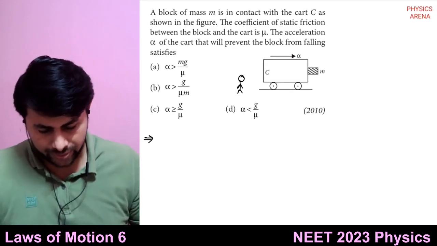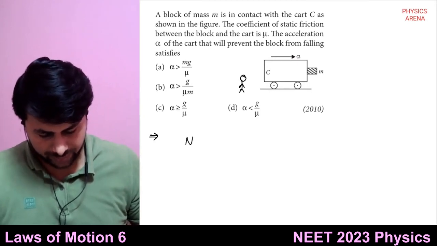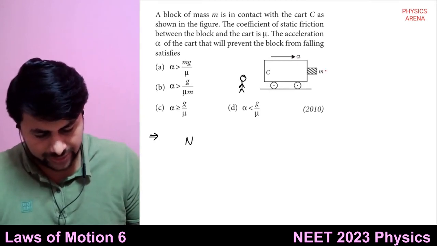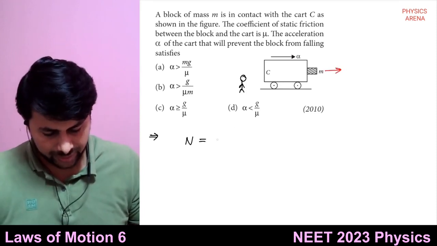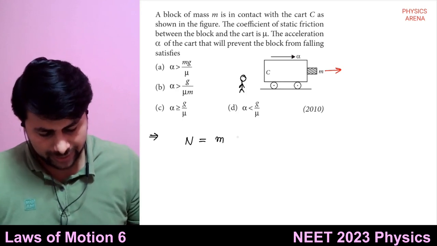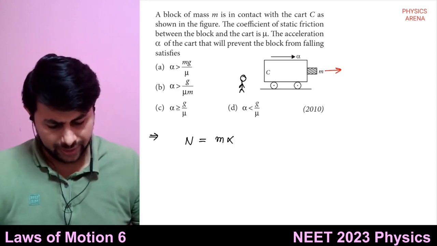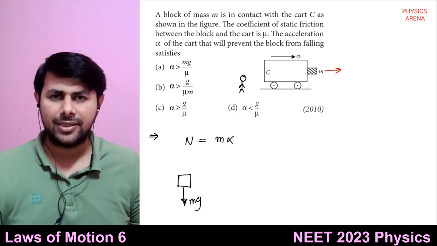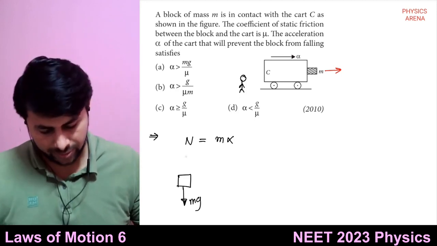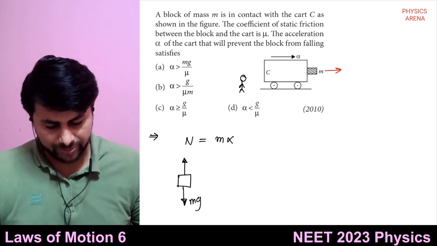So I can say the normal reaction, which is acting towards the right, is equal to the mass multiplied by the acceleration alpha. And if the mass doesn't fall, that means the weight is balanced by the frictional force. So the frictional force is upwards. How much will the frictional force be?